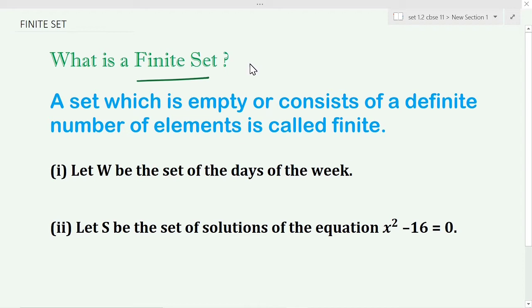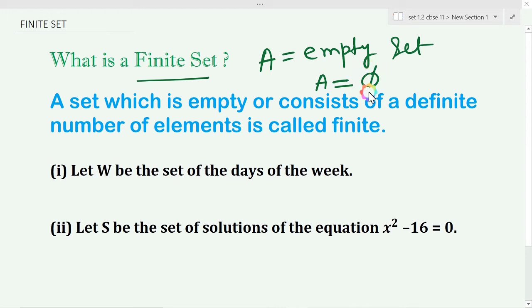Now before discussing these examples, I want to say that if A is an empty set, we can write A equals phi. Phi is the symbol of the empty set.